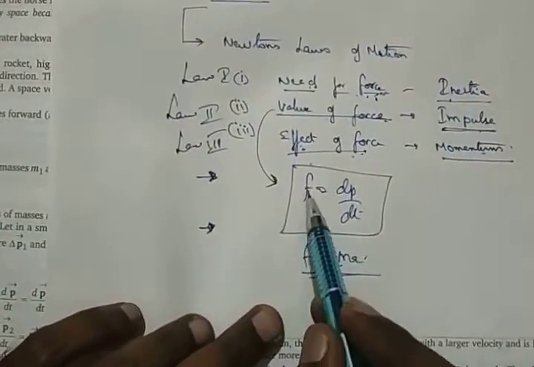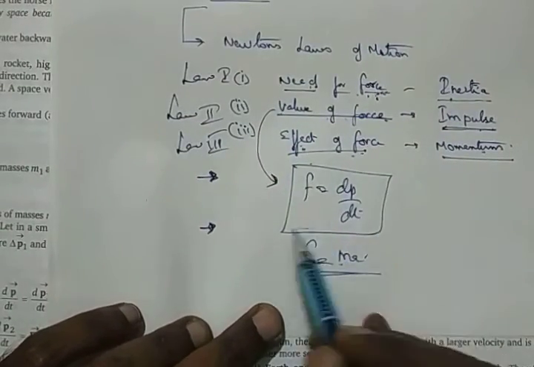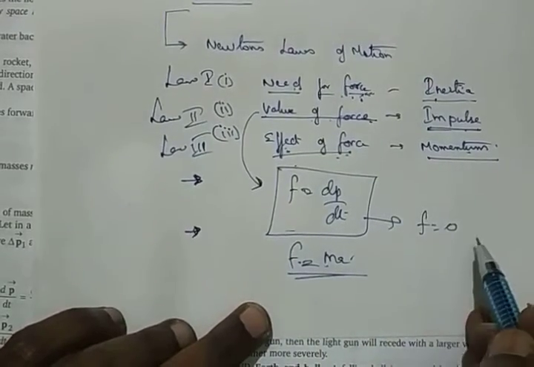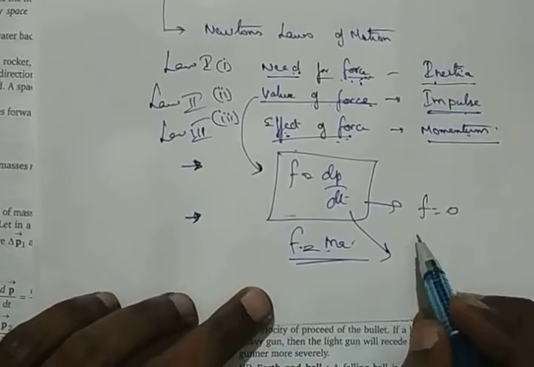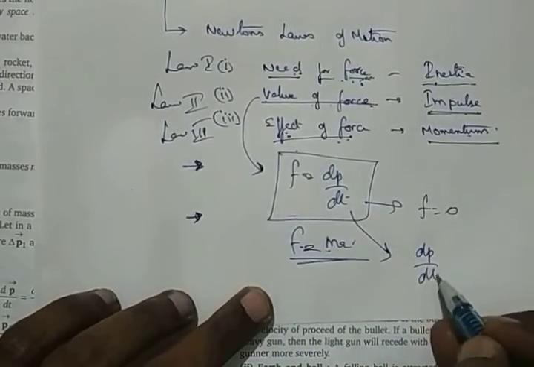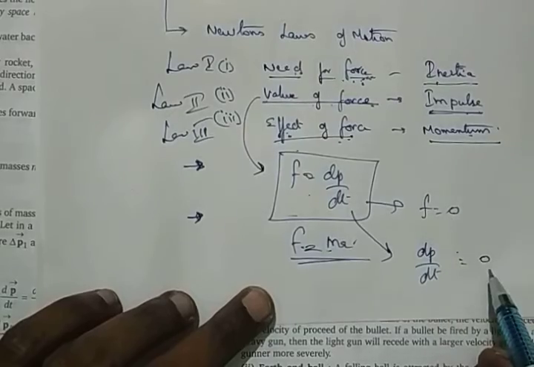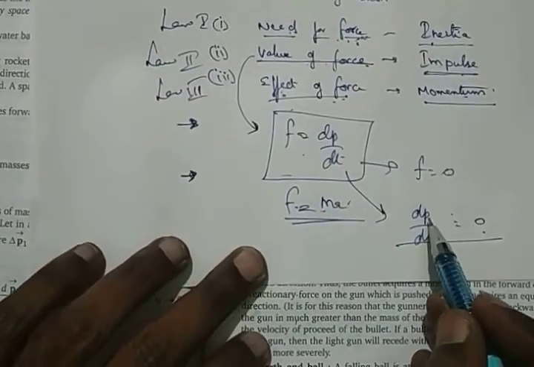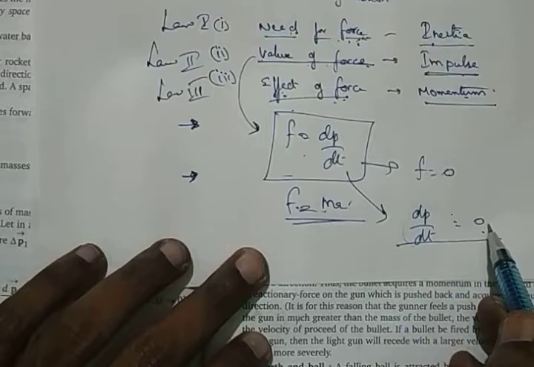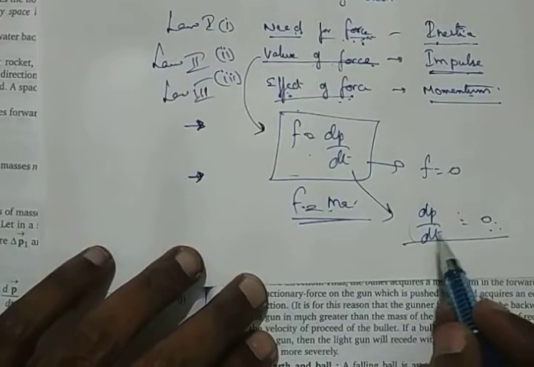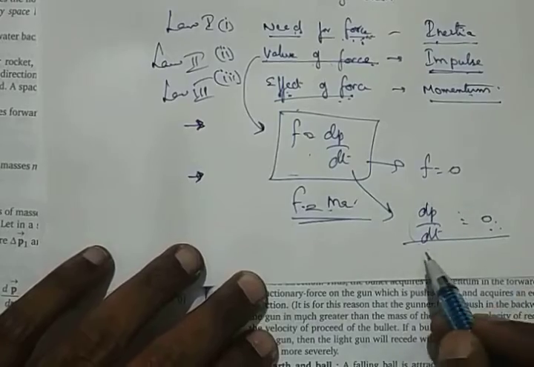In the absence of external force, the force is equal to dp upon dt, that we already know. When F is equal to 0, no external force is acting here. So dp upon dt is going to be equal to 0, because this formula says that way. Force is 0. That means when this differentiation becomes 0, now integrate both the sides.